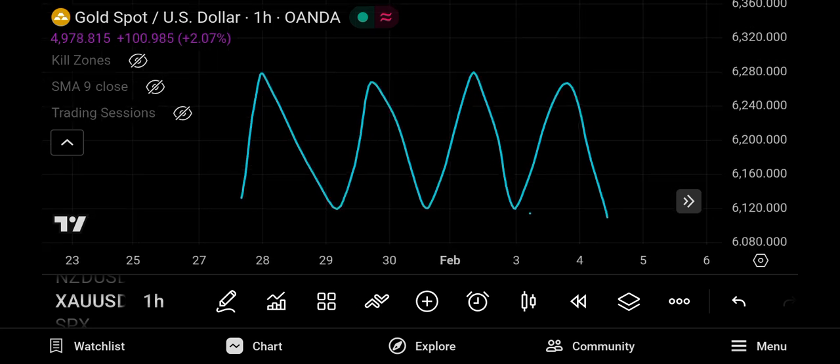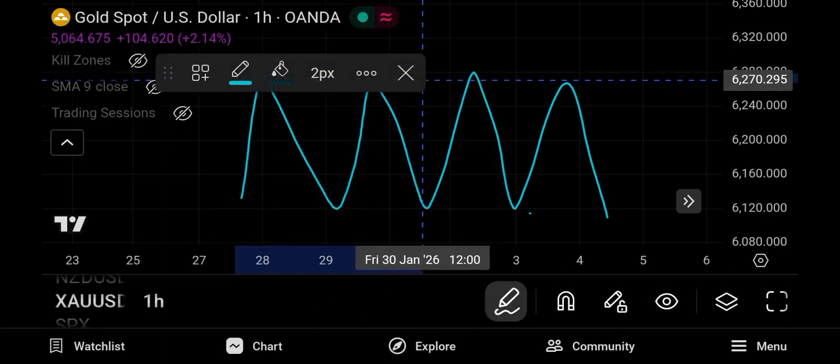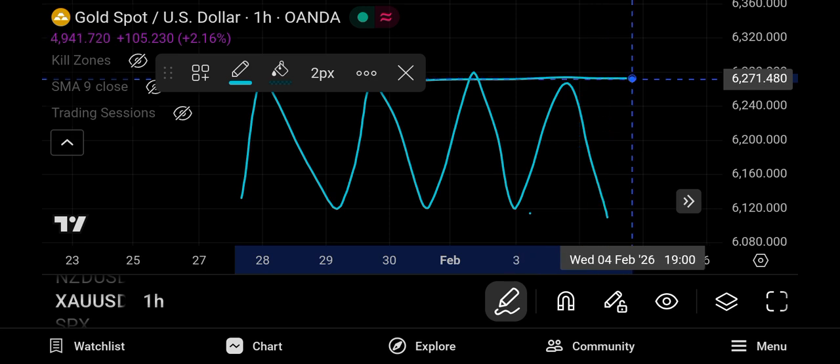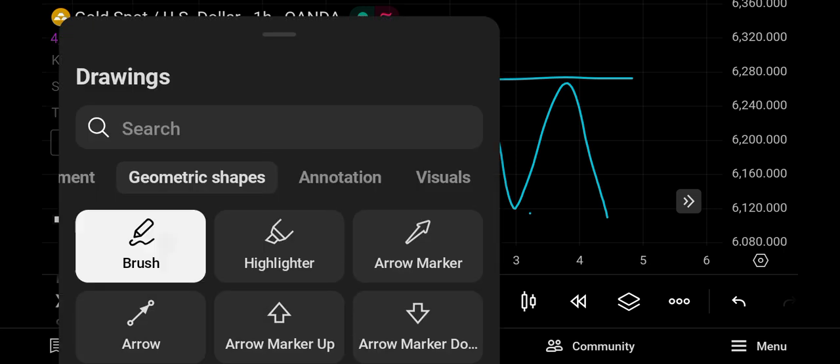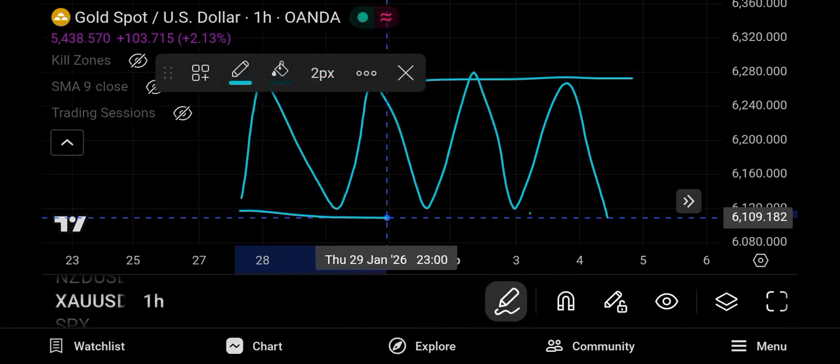But I won't advise you on trading ranging markets. Although it's nice to trade trending markets, it has its pros, but it also has its cons. You get me? Now let's clearly define what a ranging market is. A ranging market is a market that has a series of equal highs and equal lows.